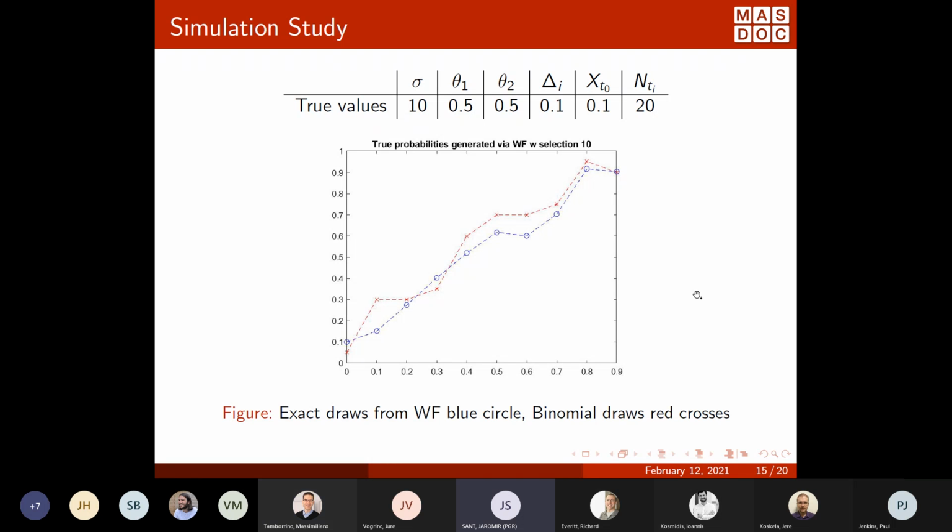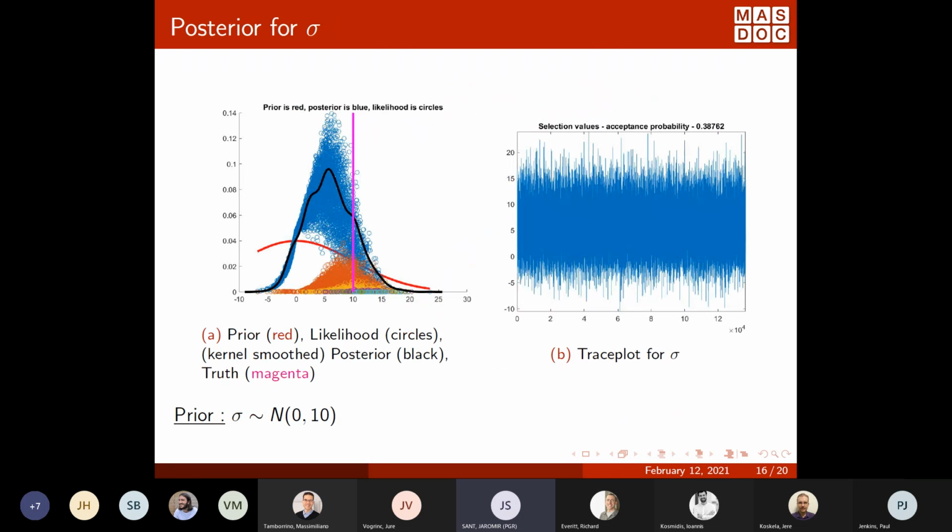The plot here is giving us the exact draws, which are these blue circles, and the red crosses are the binomial sampling based on the blue circles. If we look at the posterior we get, the left-hand side illustrates the posterior plotted over the likelihood, prior, and truth.